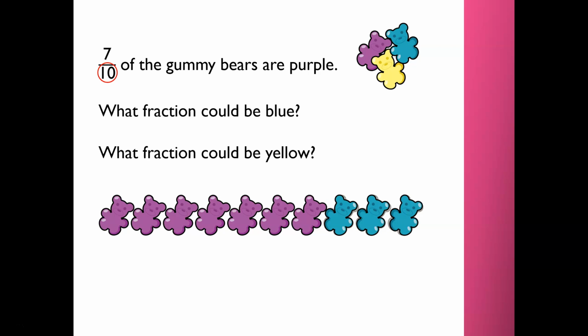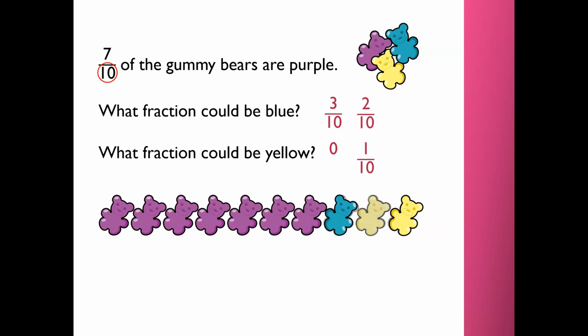Well, they could all be blue, which would make the fraction of blue gummy bears 3/10, and the fraction of yellow gummy bears 0/10, or just 0. Alternatively, one of the bears could be yellow, which would mean that 2/10 of the gummy bears are blue and 1/10 of the gummy bears are yellow.